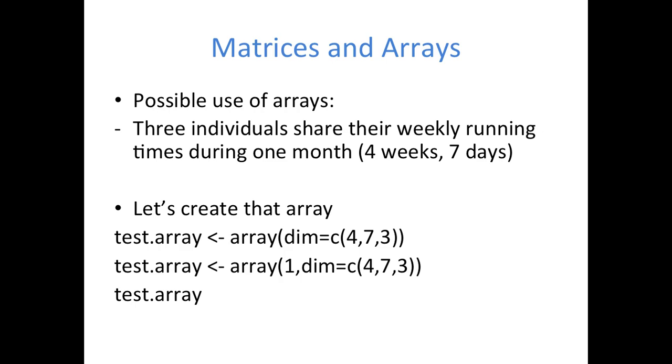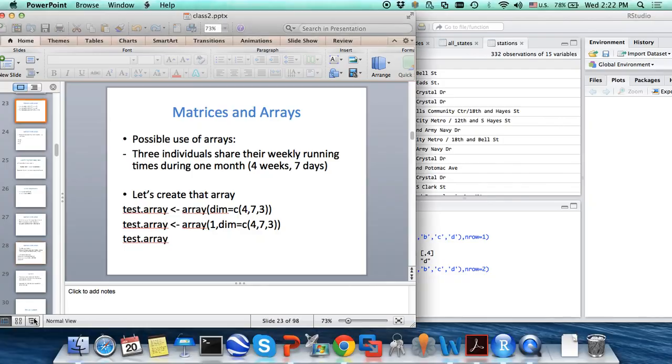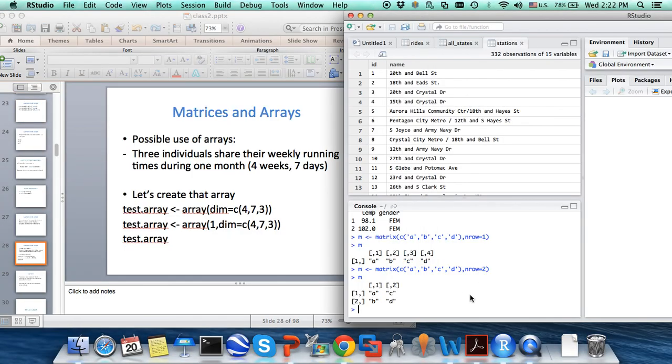Basically, we need to create a data structure that saves for each individual the running times per day for 4 weeks. So we could see this as an array that's going to have 4 by 7 by 3, meaning that we have 4 weeks. For each week, we're going to have 7 days, and for each day, we're going to have input for all 3 individuals. So we go ahead and create that array.